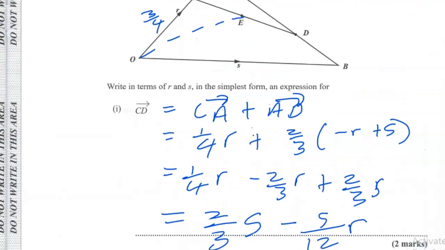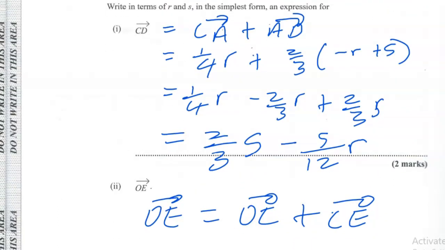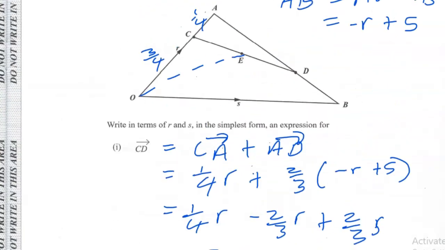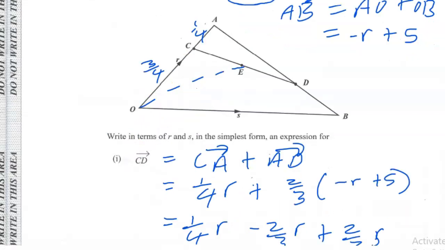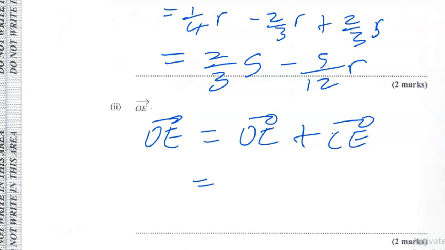I think we found OC. OC would have been 3/4 of R, because OA was R. So O to C is 3/4 of OA, so it's 3/4 R.